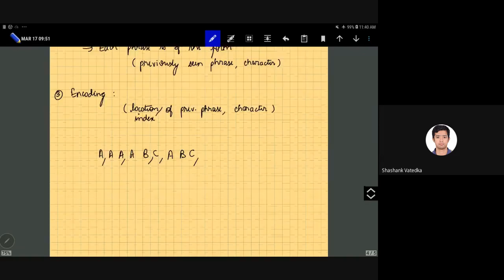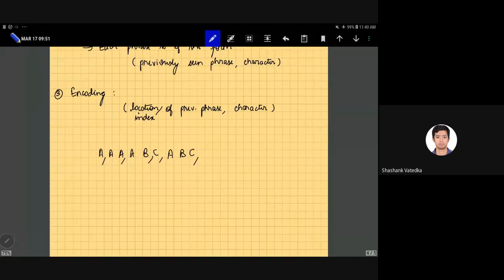And what would be the encoding? How would you encode the first phrase? If there is no matching phrase, then you can just take the location to be 0. So the 0th phrase would be no match, and the first would be encoded as 0A. What about the second one?